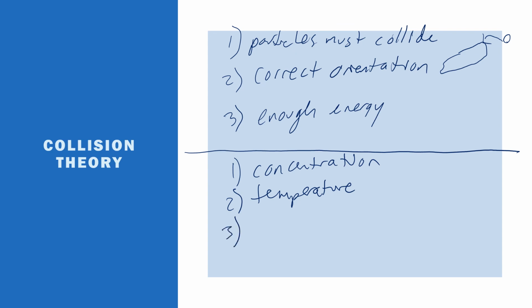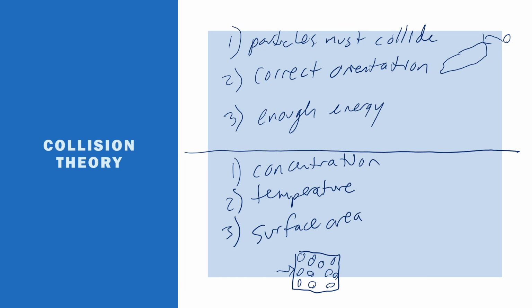The third thing will be surface area. And surface area is very reaction dependent, but if you picture a sugar cube, okay, and you have a bunch of particles in that cube, only the particles on the surface can react with something else, because that's where the collisions happen.